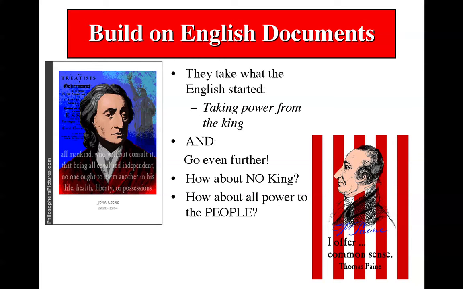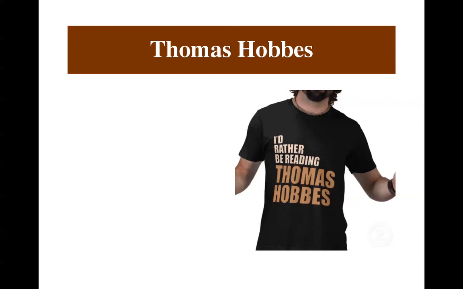So the Enlightenment builds on what happened in England, and it even goes further. Why do we need a king? How about no king? And how about power to the people, that we the people have the power to lead? Those are what the Enlightenment is going to build upon.